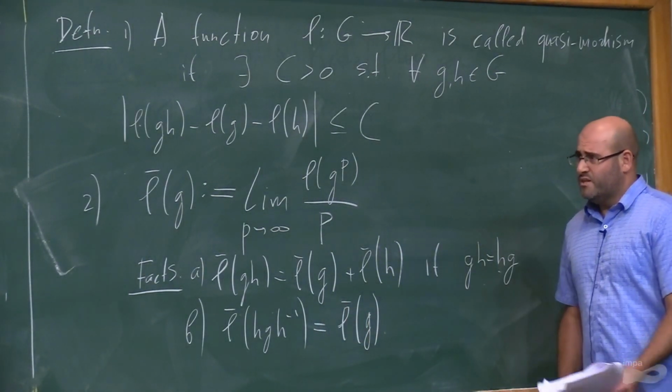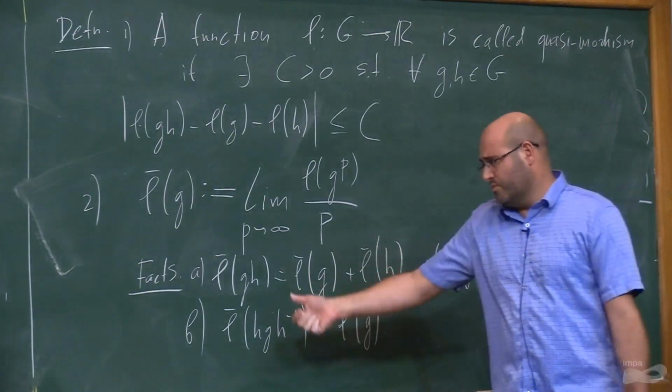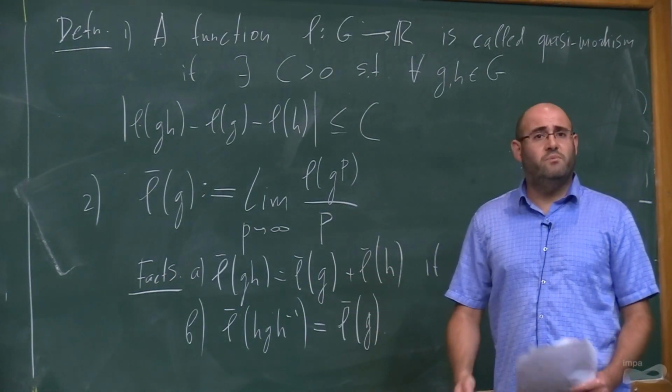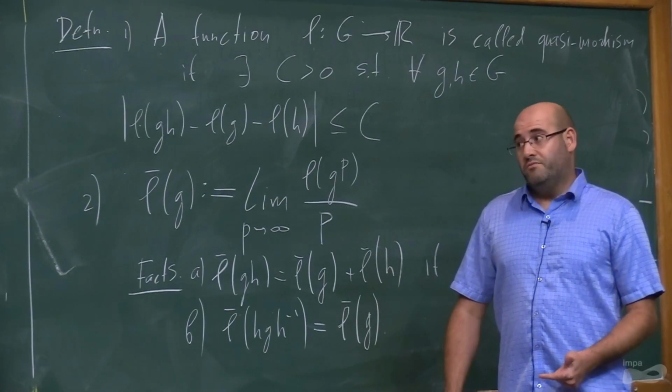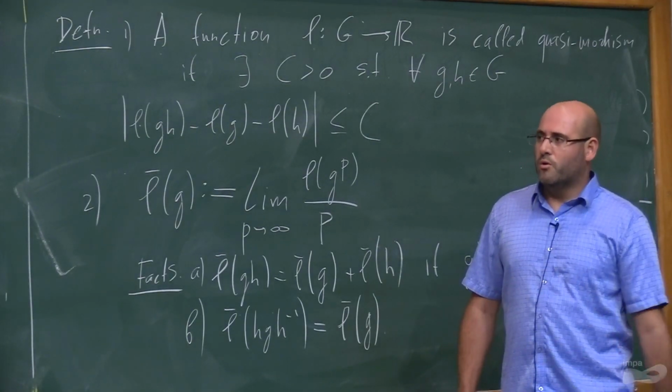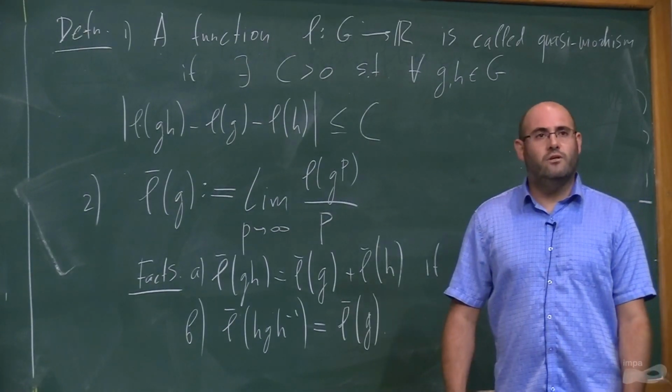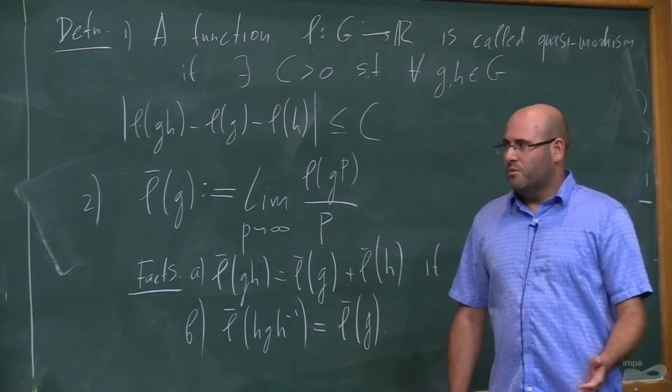And in recent years, several constructions of quasimorphisms appeared on groups of Hamiltonian diffeomorphisms, volume-preserving diffeomorphisms, not really homeomorphisms. So this is a certain extension I'm going to talk about. But the problem is the following.